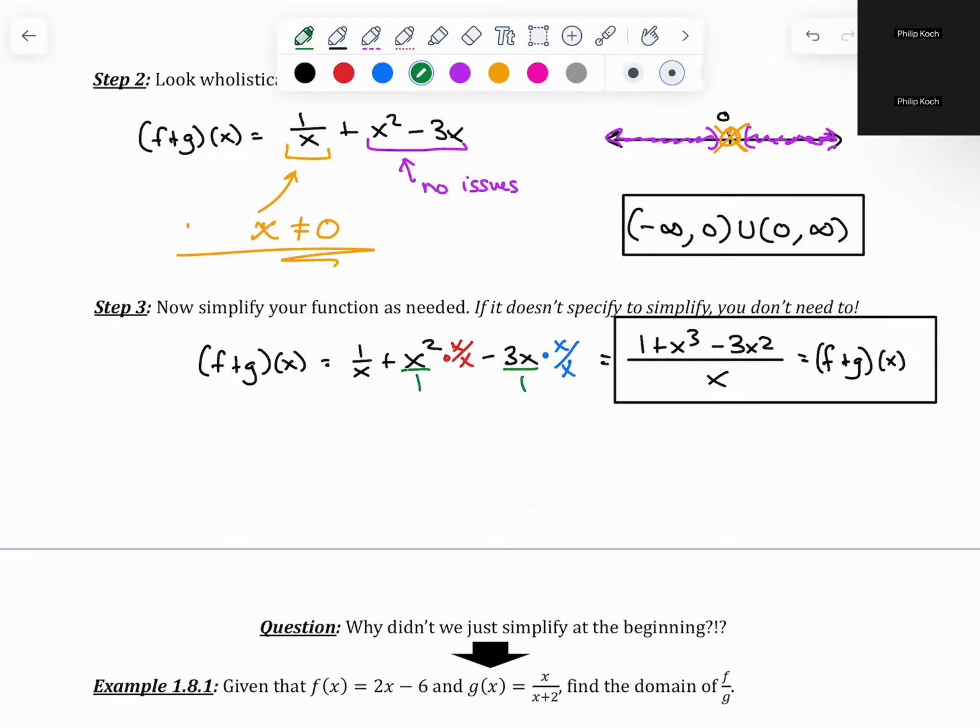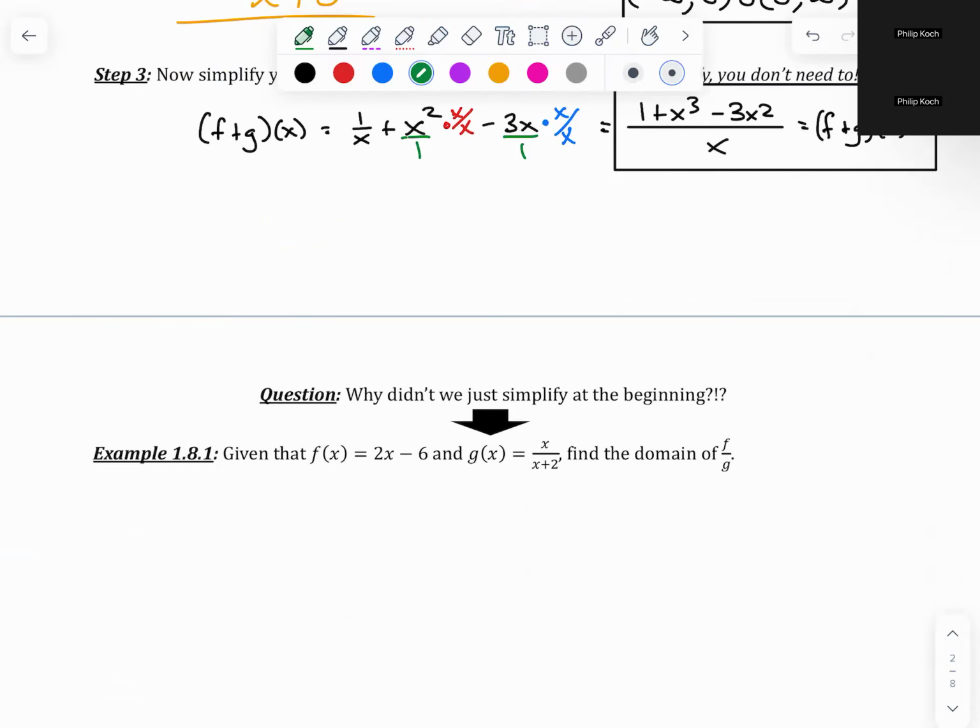So I get the same result regardless. So why didn't I just simplify at the beginning? My answer to that is this problem right here. Given that f of x is equal to 2x minus 6 and g of x is equal to x divided by x plus 2, let's find the domain of that function.